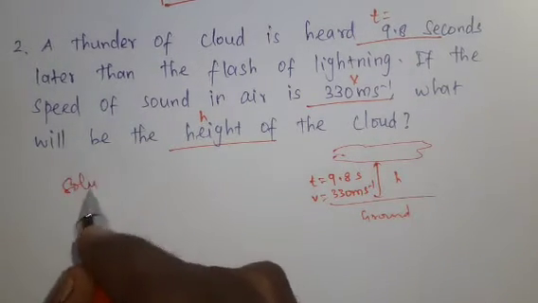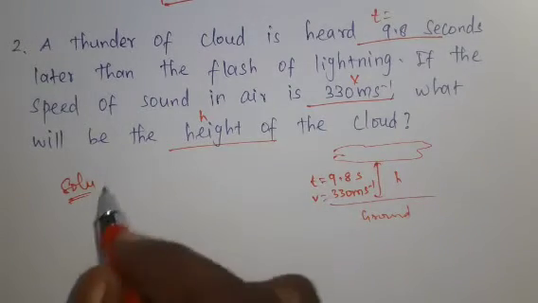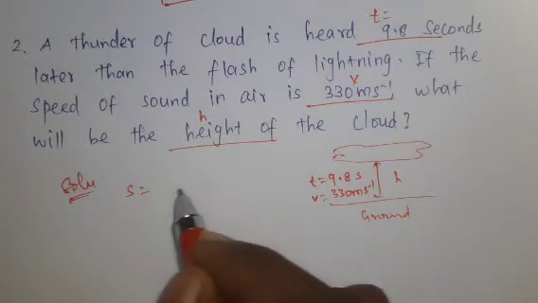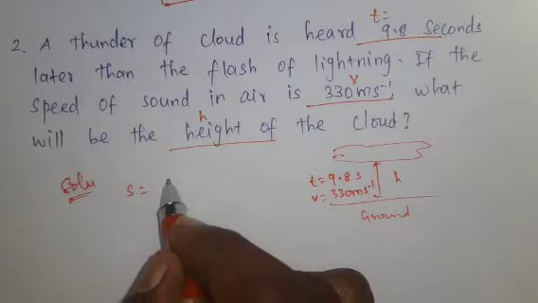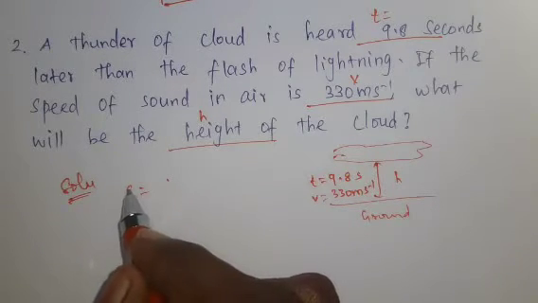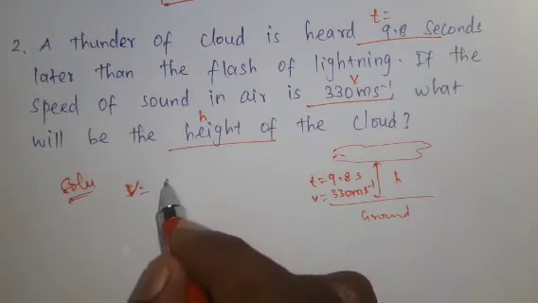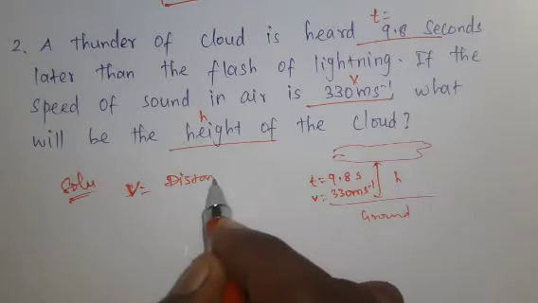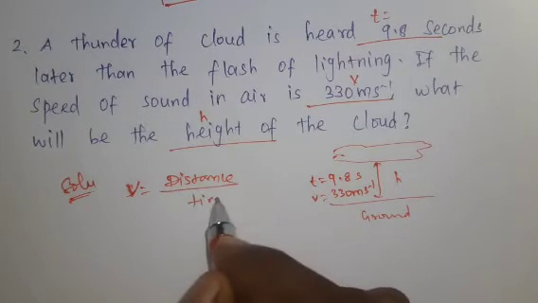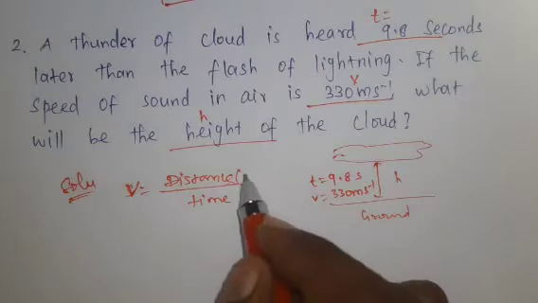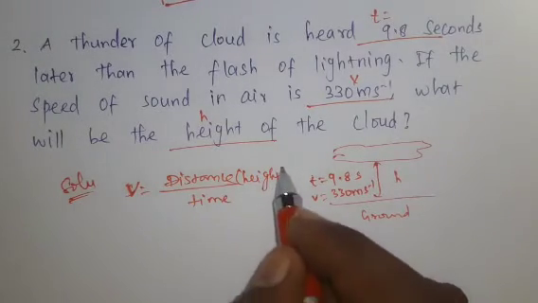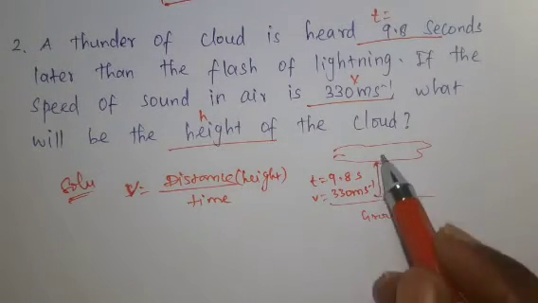The basic formula for speed is distance by time. So speed is equal to distance by time. You can write s or v. So v is equal to distance by time. This distance we are going to take as the height.